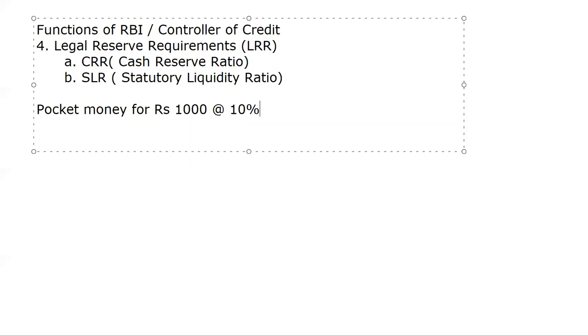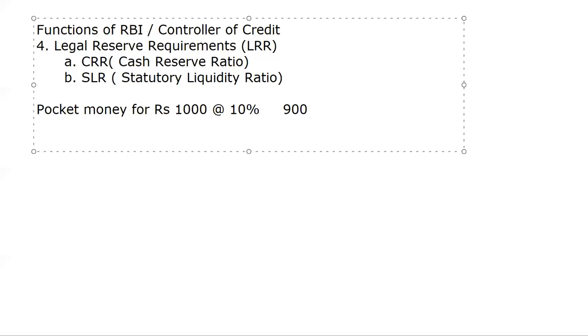In such a manner, every commercial bank keeps reserves with the parent bank or with the central bank of the country. So you will have the amount to spend to meet your needs, which would be equal to only 900.